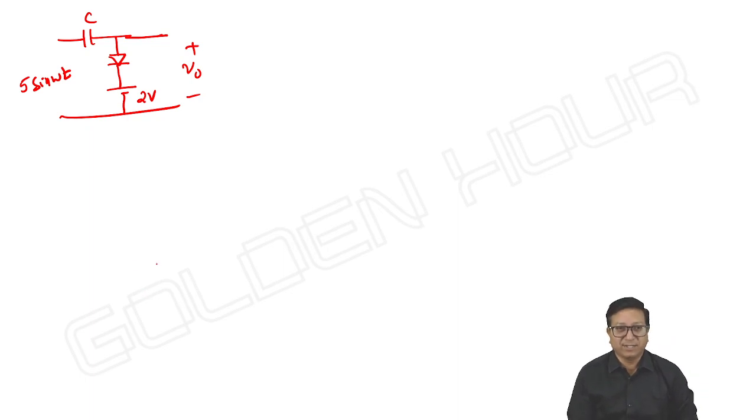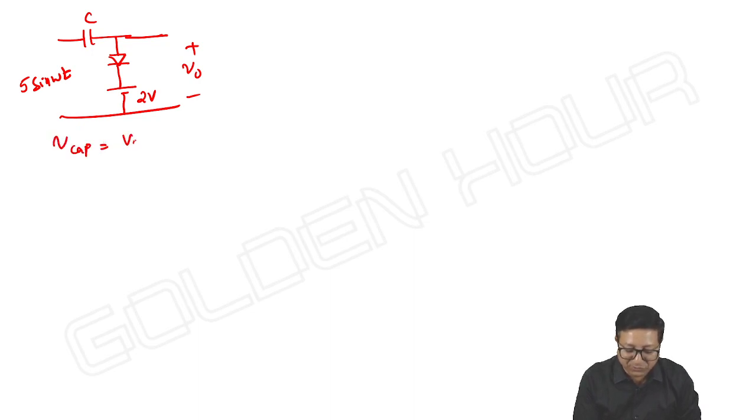Then what is V capacitor? In this example, I am directly writing V capacitor is equal to Vm minus 2 V reference. Along with that, I need to subtract 0.7. Vm minus 2.7, or 5 minus 2.7 in this example.